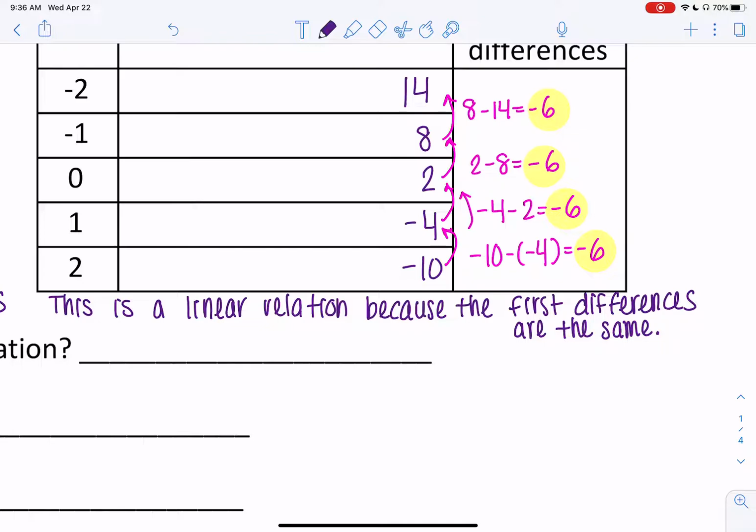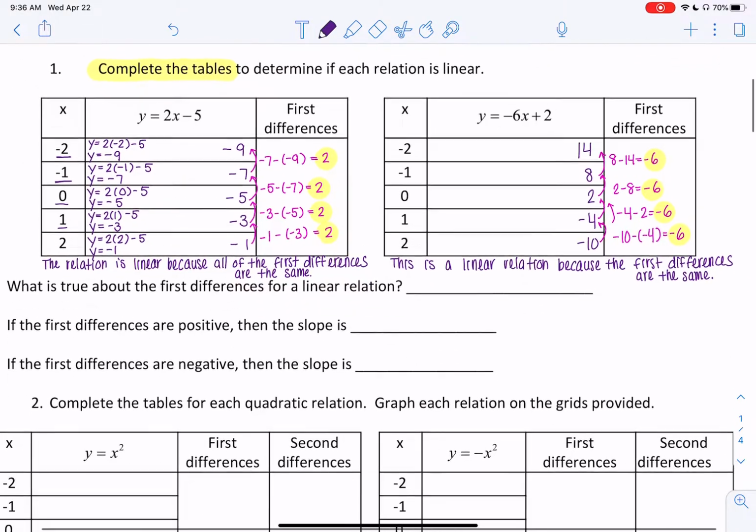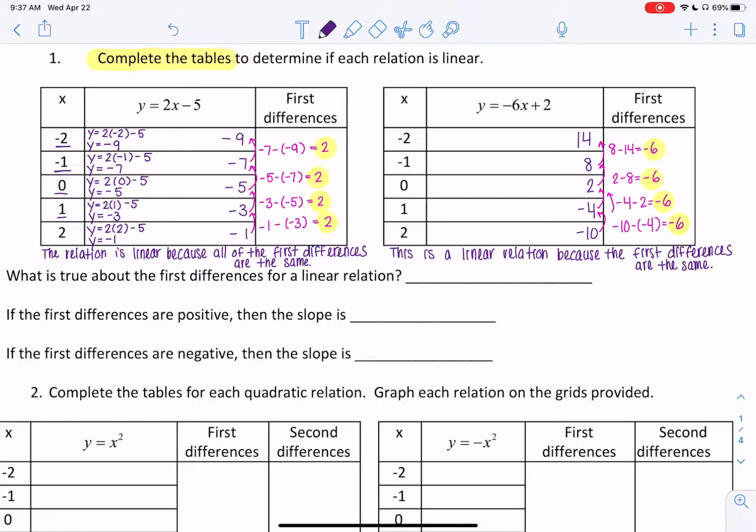So those are really your steps, and these are the steps that you did in grade 9. So just to sum those up, what is true about the first differences for a linear relation? We know that they are the same.